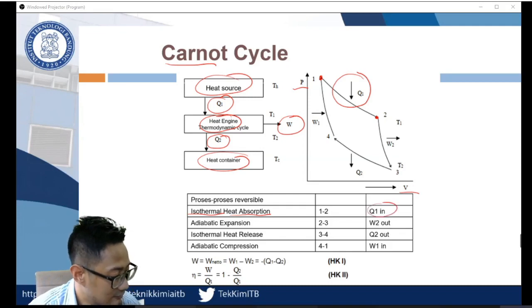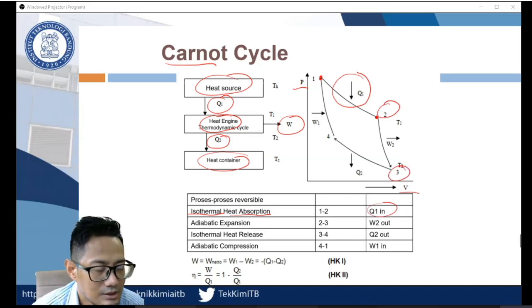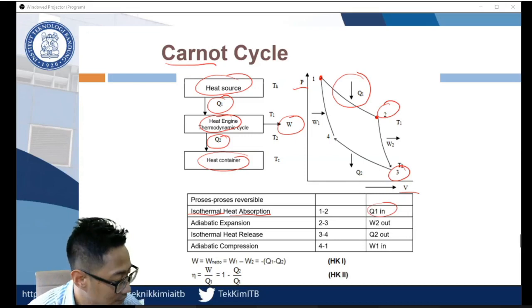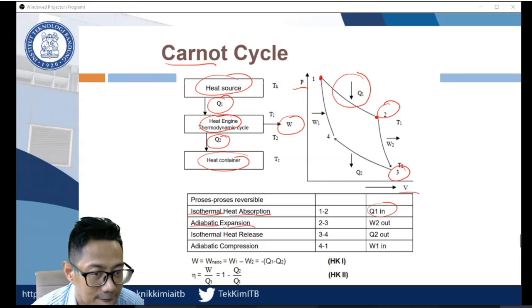Okay. Now, the second one is from the second state to the third state. You can see adiabatic curve from 2 to 3. Because there is an increase in volume, we know that this one is adiabatic expansion.